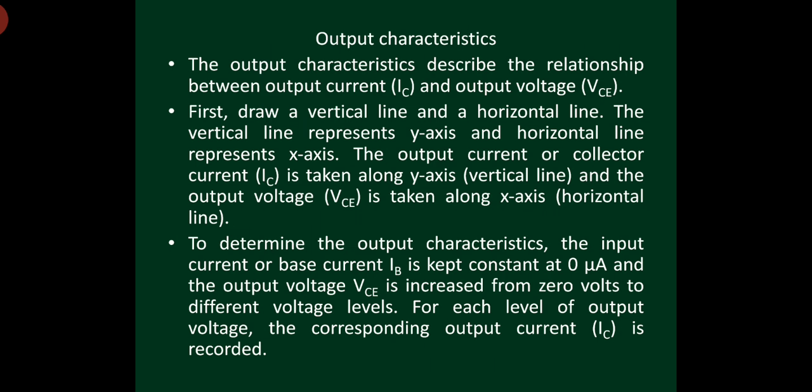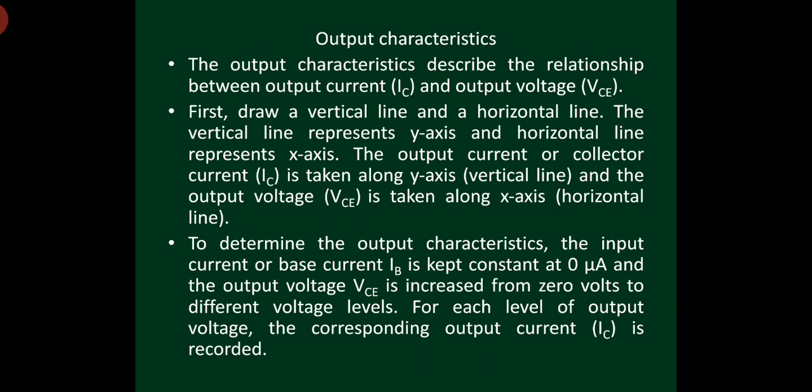What I have to do is make IB fixed at different levels and vary VCE, record the collector current IC, and plot the characteristics between VCE and IC for different fixed values of IB. This is what I am going to do now.